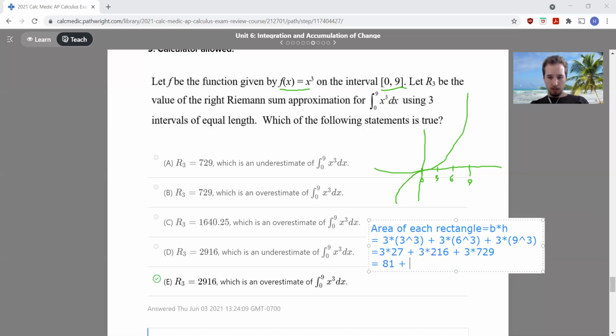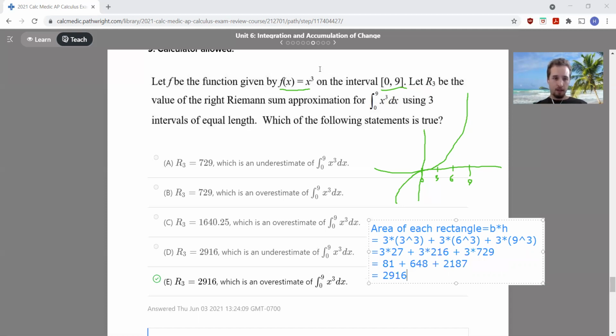Plus 3 times 216, that's going to be 648. 3 times 729 will be 2100 plus 3 times 29, which is 87. So it'd be 2187. And then when you add all those together, you get 2916. So our right Riemann sum is going to be 2916.